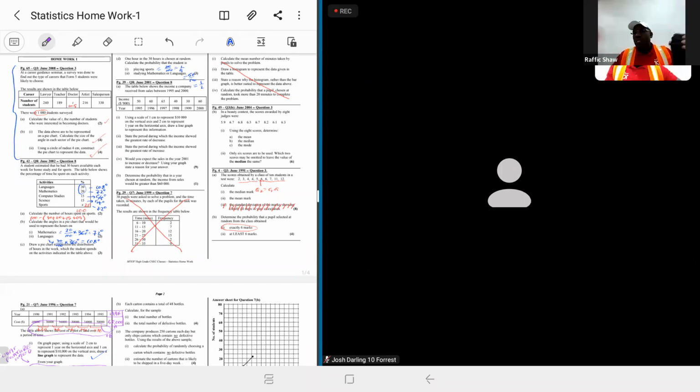The most set questions are on grouped data in CSEC. Out of 100 questions, maybe 5 are on ungrouped data. Most times they set questions on grouped data, and occasionally they'll give us some raw data.